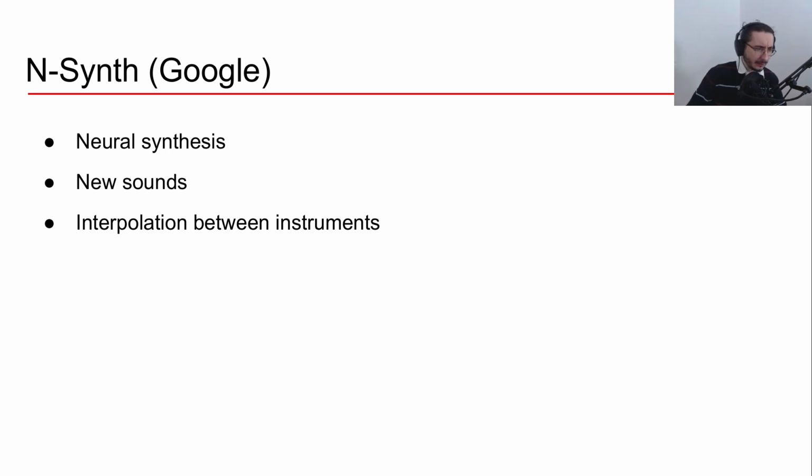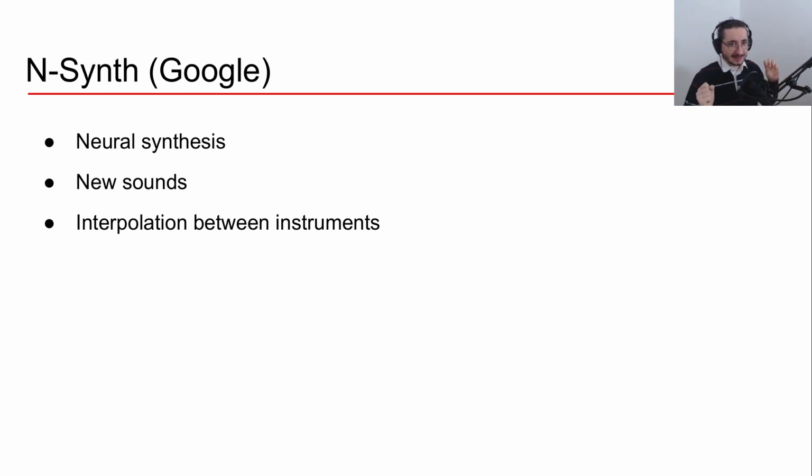So another example of an AI music application that I think is super cool is called NSynth. Once again, this was developed by Google Magenta. So this is a synthesizer, but it's not a simple normal synthesizer, it's actually a neural synthesizer. So in other words, there's a neural network that generates sounds, new sounds, and sounds that can interpolate different instruments.